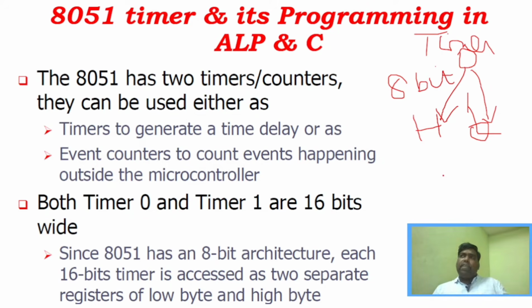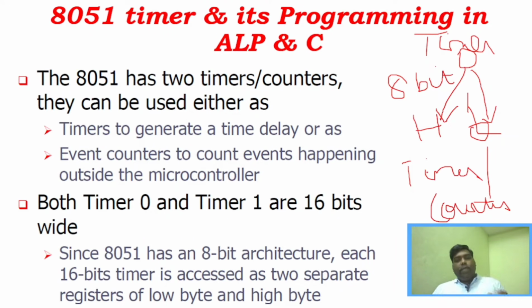When we say timer, you have to understand that in 8051 the timer will work as a timer and also it will work as a counter. This is very basic, right? When will it work as a timer and when will it work as a counter? Whenever we give the clock cycle as input, that is, whenever it uses the crystal oscillator, we know that in 8051 we have a crystal oscillator, right?